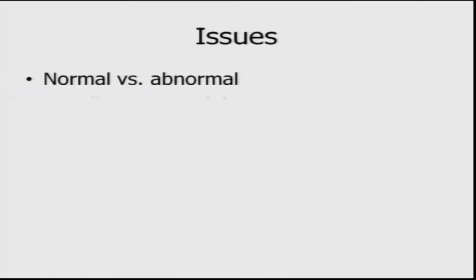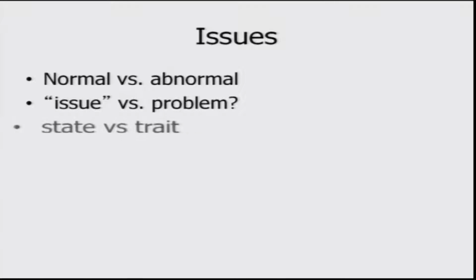But the fact of the matter is that all human minds undergo in a normal circumstances a similar process of development. What are the issues in development? You look at whether it is a normal development vis-a-vis abnormal. Is there an issue which is presenting when we are talking about kids, or is there a problem?